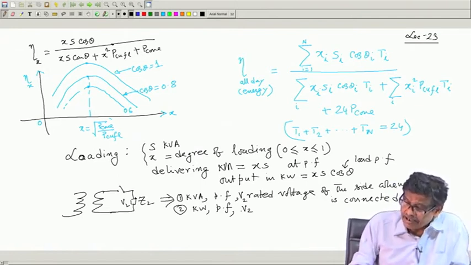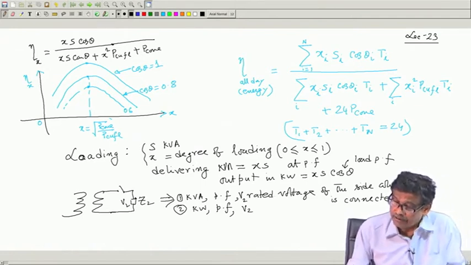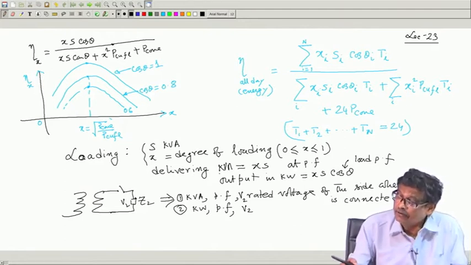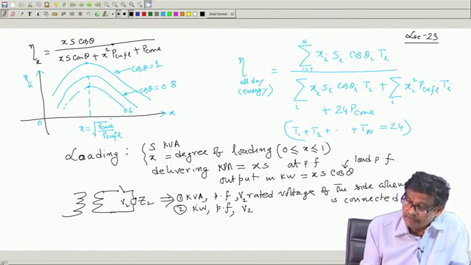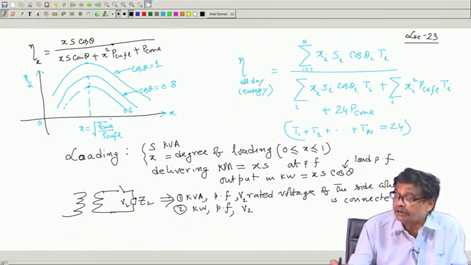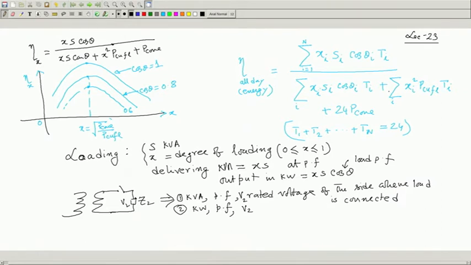So, if it is kVA, power factor and V2, for example, then how do we calculate the value of degree of loading? If you know the rated kVA of the transformer and the kVA it is handling at a particular interval of time, take the ratio, get the value of x. However, students sometimes make a mistake. If the load is specified in terms of kilowatt, power factor and V2, to calculate x, mind you, you must bring it to kVA.